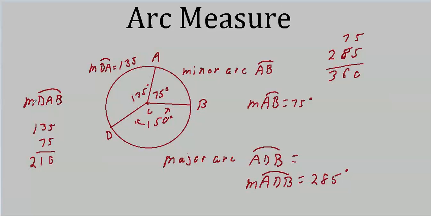So I could have written that the measure of DAB equals the measure of, doggone it, gotta quit writing things backwards, DA plus the measure of AB.